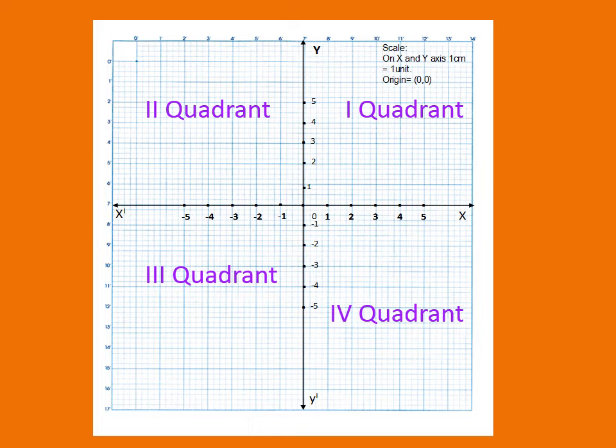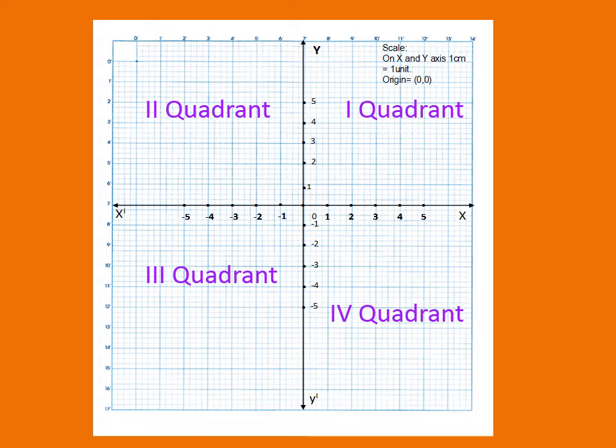You will see that in the first quadrant, your x coordinate is positive and y coordinate is also positive. Why? Because the first quadrant is made from the positive x-axis and positive y-axis, so their values also remain positive. In the same way, in the second quadrant, you have negative x-axis and positive y-axis, so the point will have coordinates minus x and plus y.